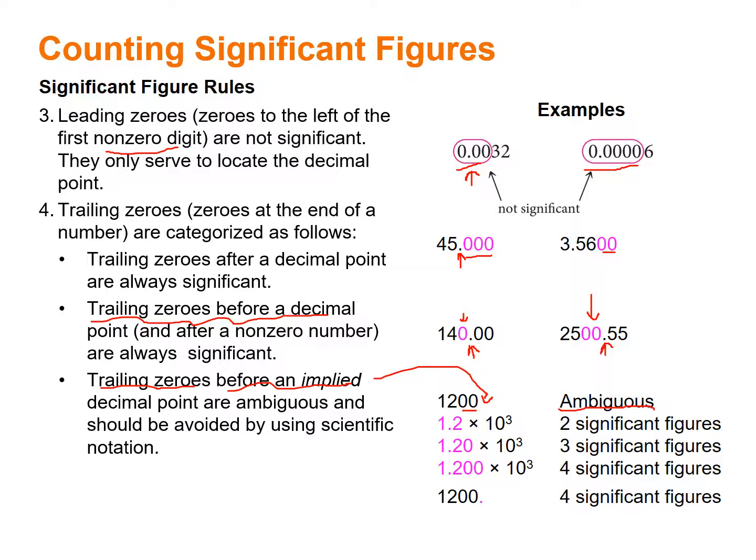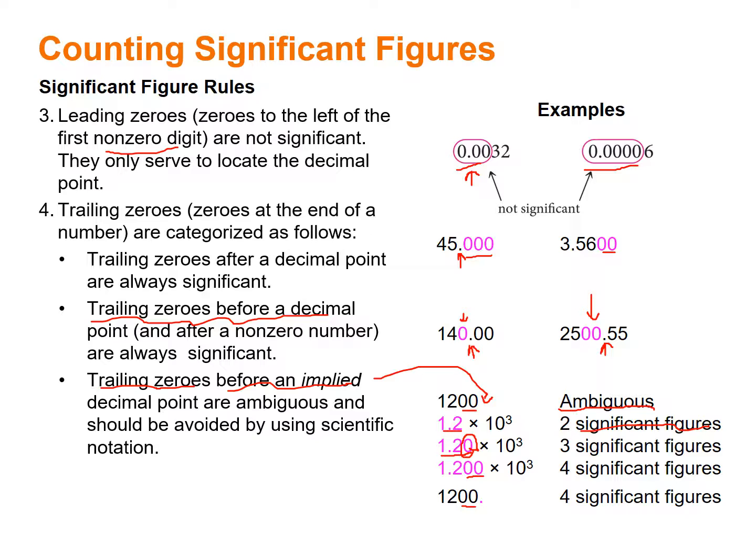So it could be a significant figure. What you do to avoid confusion is you use scientific notation. Here we have two significant figures because you didn't write down any of the zeros after that. Here we have three significant figures because this 0 is a 0 after the decimal point, so it is significant.